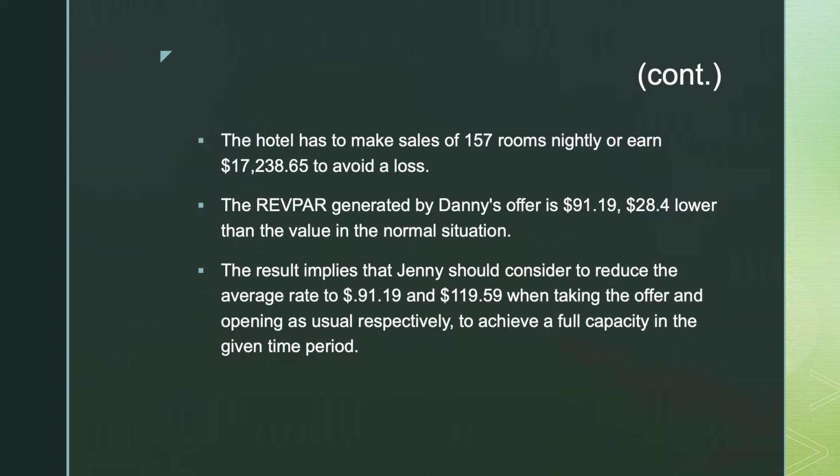If we wish to earn a profit, the sales should be boosted. The break-even point is higher if the offer is taken, as the hotel has to make sales of 157 rooms nightly or earn $17,238 to avoid a loss.